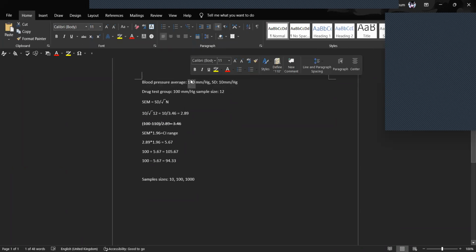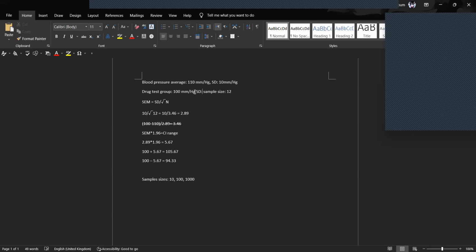But since you won't usually have the values for the true population, what you're going to do is you're going to just get a sample, which is your control sample, and you're going to measure their average or their mean and their standard deviation. Okay. For the sake of example, let's just say that the standard deviation for both the groups was the same.